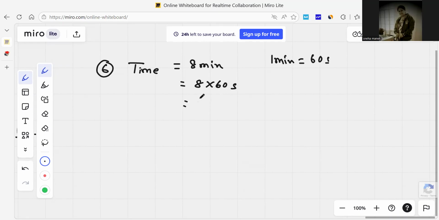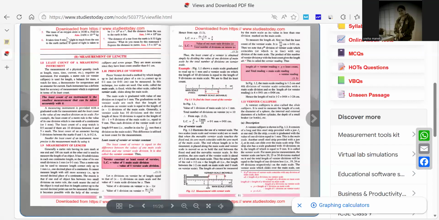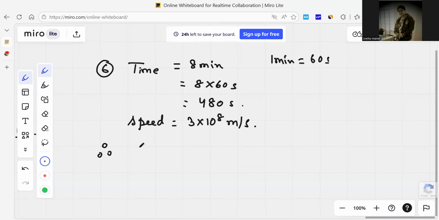That is 480 seconds. Now speed of light is given as 3 into 10 to the power 8 meter per second. We need to find the distance, right? Distance from the sun to the earth. So therefore the required distance, you can write the full statement that's given in the question.